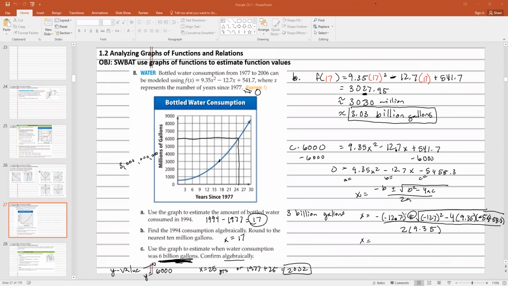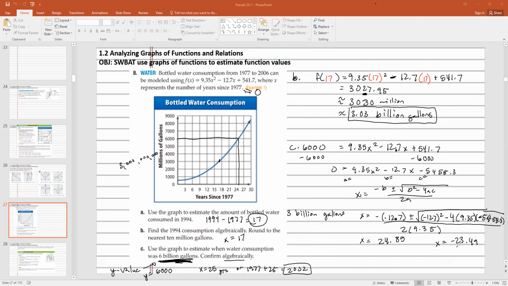And then you do another one, negative 12.7 minus the square root, all over 2 times 9.35. So you have to do it one at a time. When you do the plus, you get 24.85. When you do the minus sign, you get negative 23.49.